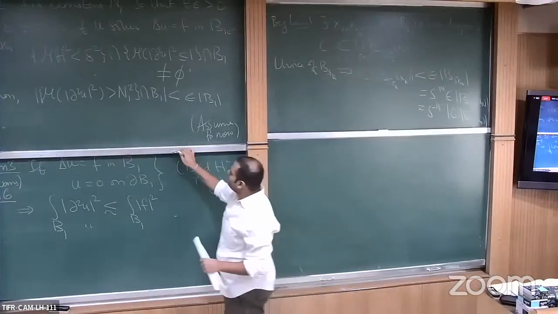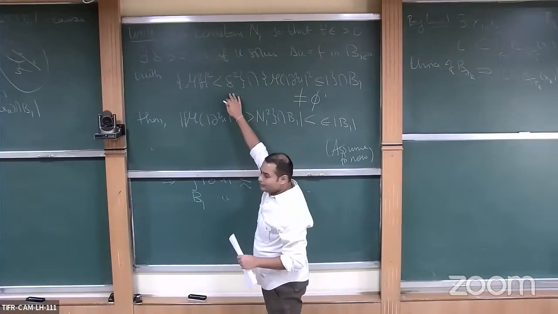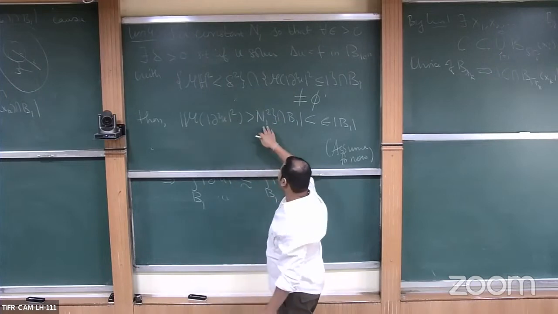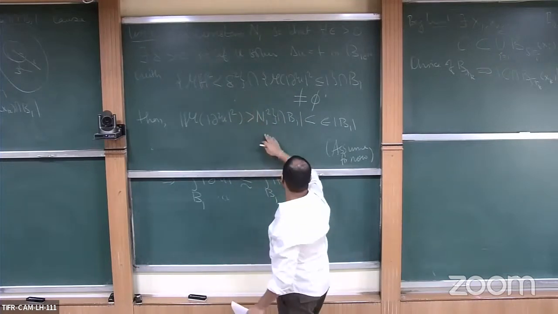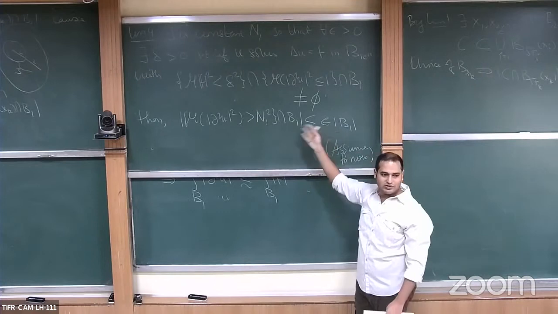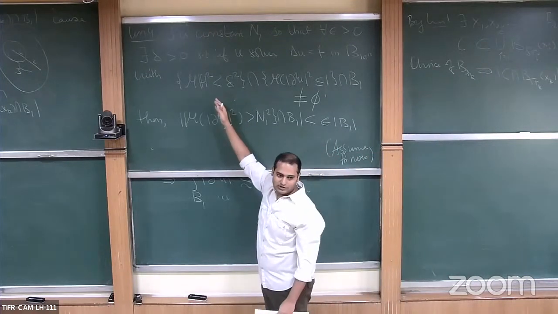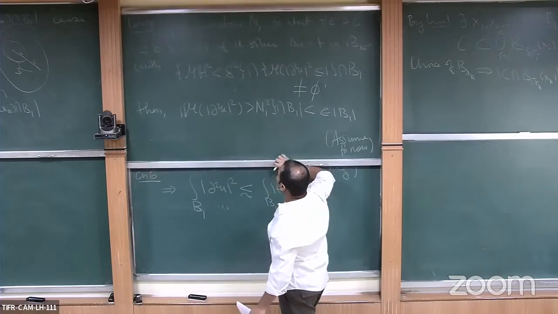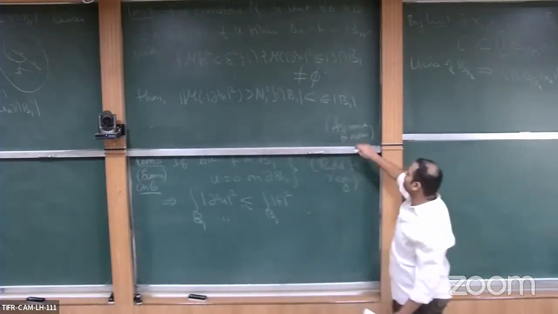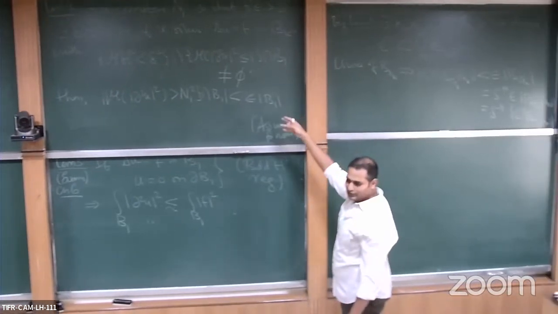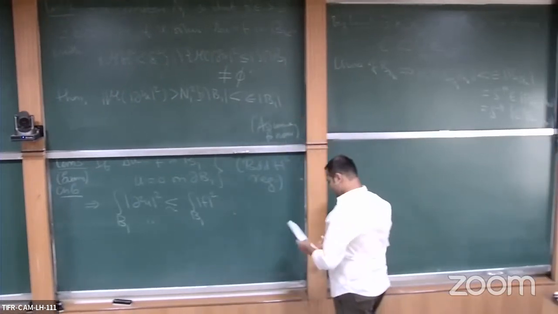For example, if f was 0, then a pointwise control here by iteration already gives you control everywhere. So for large enough n1, this set is empty, and this is trivially true. All I'm saying is I can do the same if my right hand side is small enough, which is not a problem because I can multiply by a constant. So this already gives you the full thing. Now this is step 1 regularity. We'll just iterate and get it done.